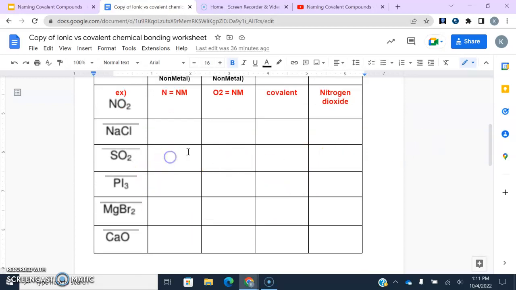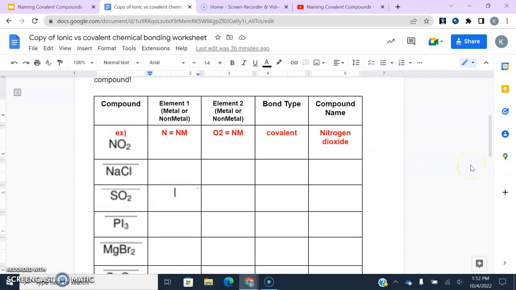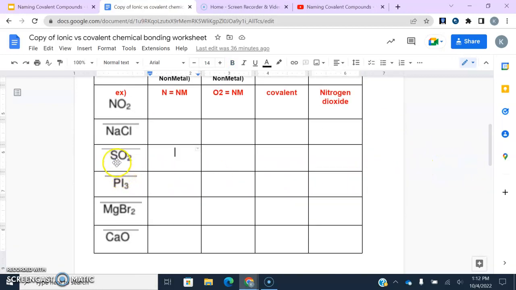So I'll do this one. So here our first element is sulfur, which is a nonmetal. Our second element is oxygen, which is also a nonmetal.